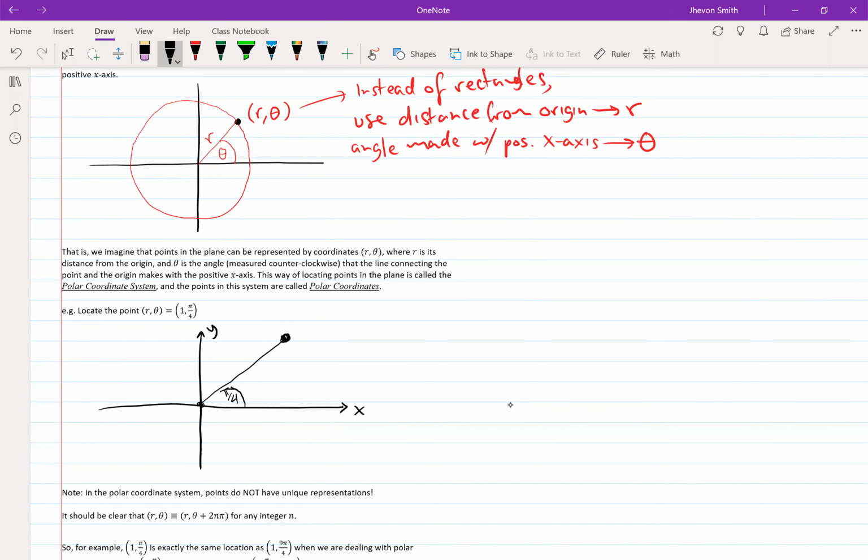So this is going to be the point 1 comma pi over 4. And this length here is 1. Okay, so everyone's with me so far, I think? Yeah.